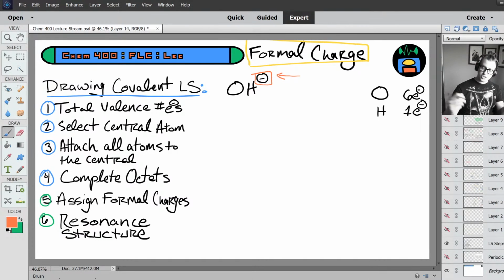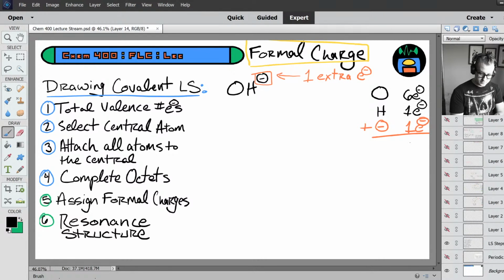When an ion has a charge of -1, that means there is 1 extra electron. So if you have a charge of -1, you need to add an additional electron to your budget. So we have 8 electrons to spend.